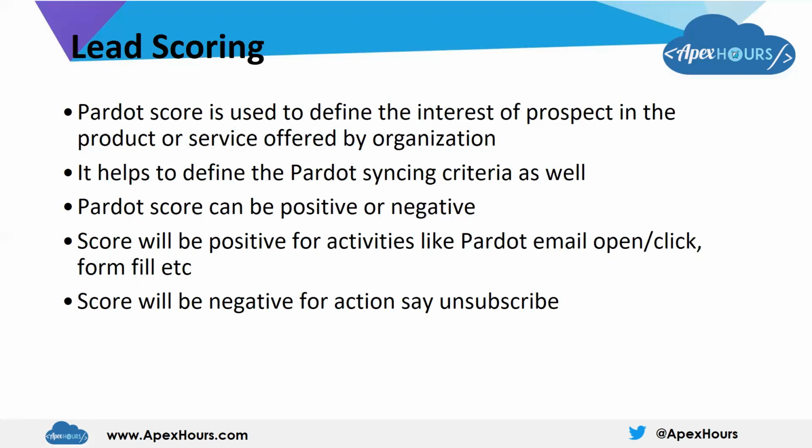Also, scoring helps define the Pardot criteria as well, and a Pardot score can be positive or negative. Scores will be positive for activities like Pardot email opens, clicks, and forms. Scores will be negative for actions like unsubscribe. Whenever a prospect unsubscribes from your marketing assets, of course, he's not much interested now. So let's not waste much time on it, right?